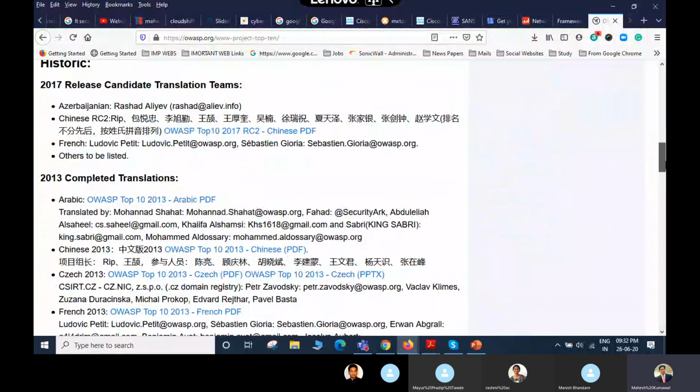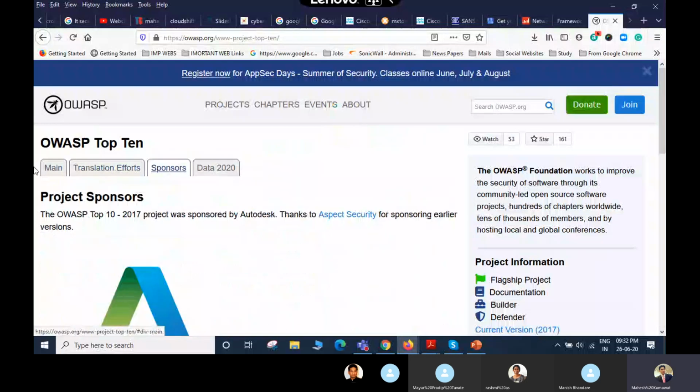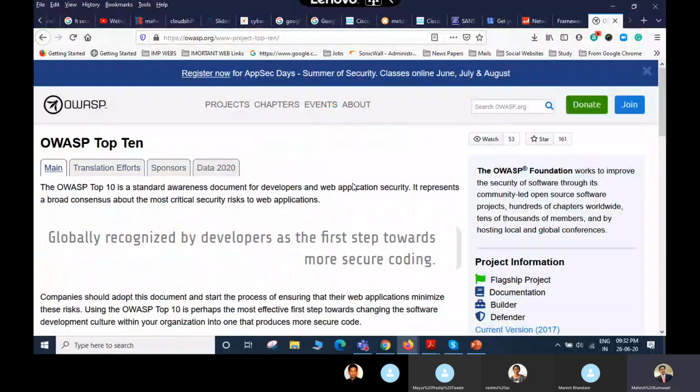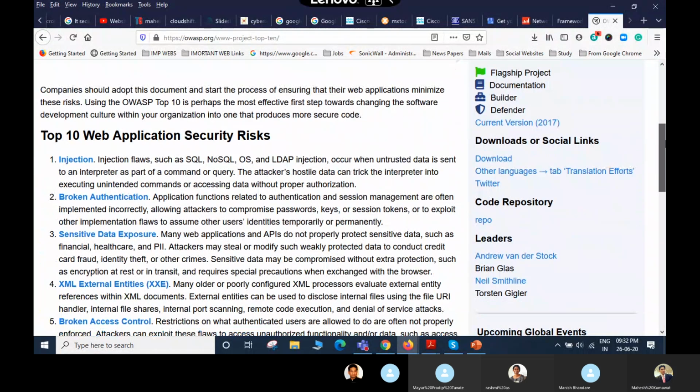So thank you, Mr. Manish. You have a little idea about it. So guys, this is the top 10 vulnerabilities, all about application security risk.